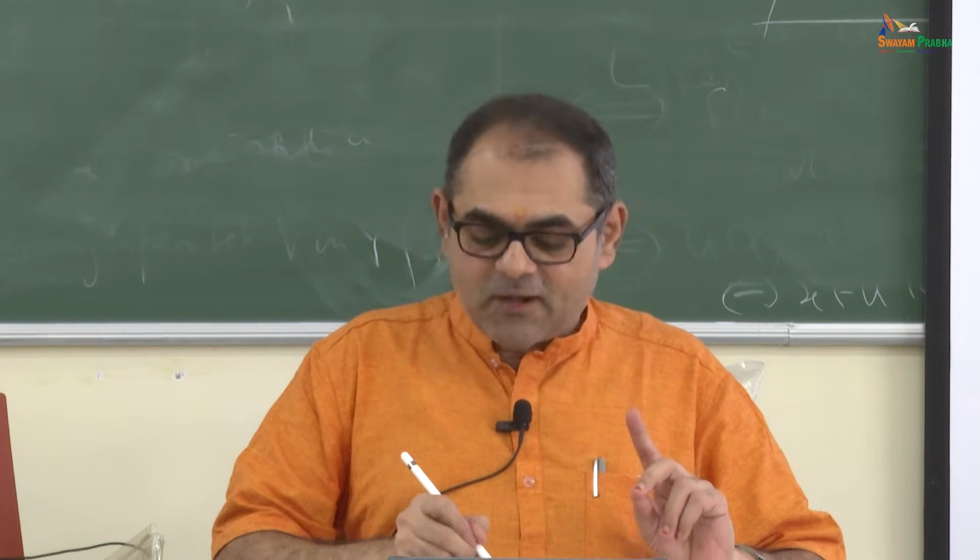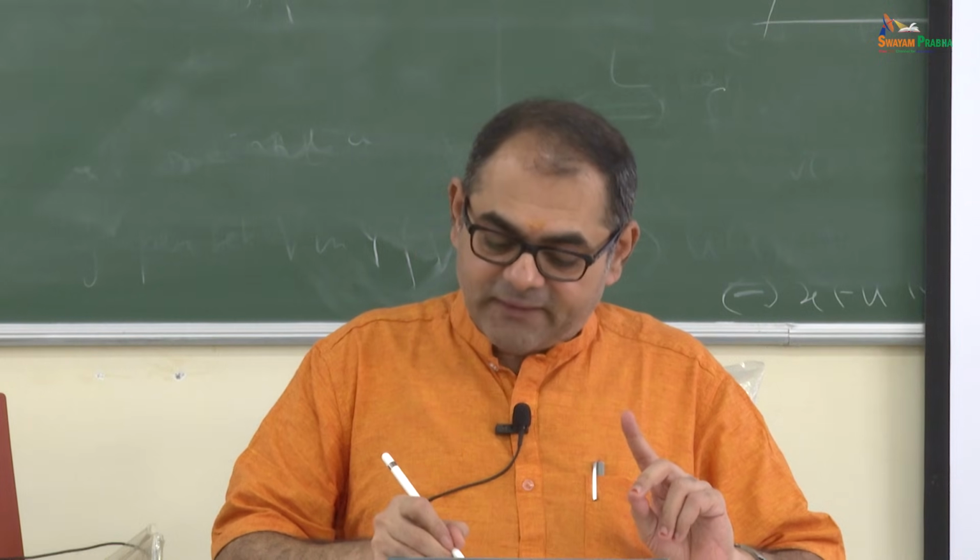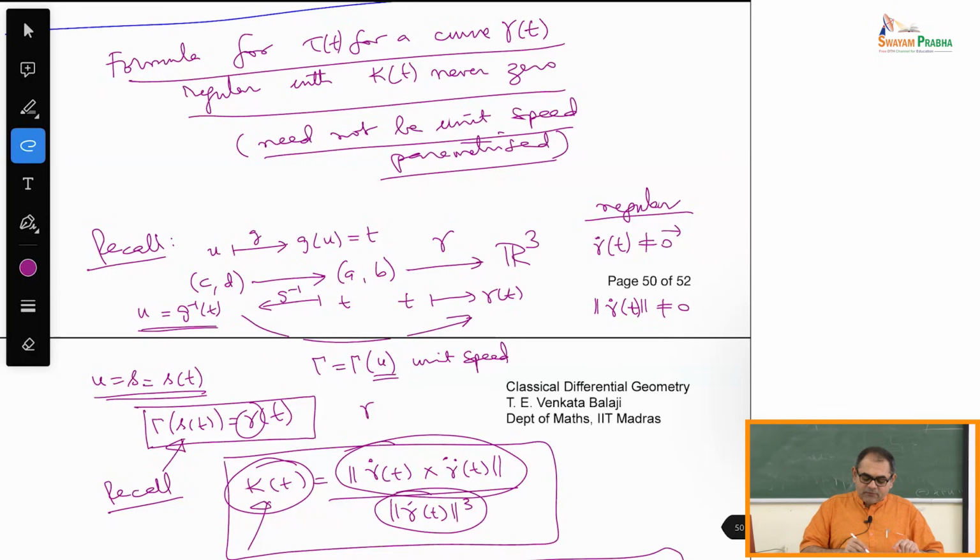Okay, from small gamma, if you want capital gamma, you have to write the other way of doing it, which is, you have to take small gamma and write this g of u. Okay, then if you write t equal to g of u, then this is your gamma of u.